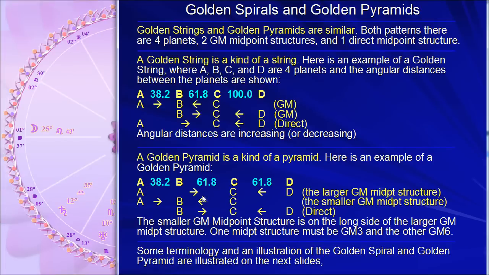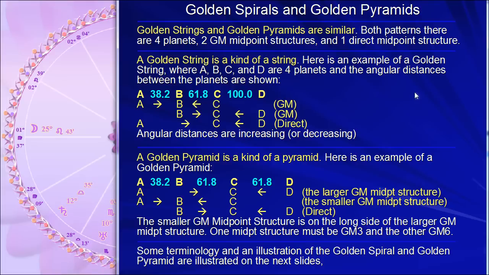So if you take the distance of A to C, you put a golden mean, but put it so that you're using the golden mean that's closer to A. Remember, there are two golden mean midpoints between any two planets. So one of them is a GM6, the other is a GM3. So it's a very specific pattern. It can take a while to get used to this. You don't have to memorize it.